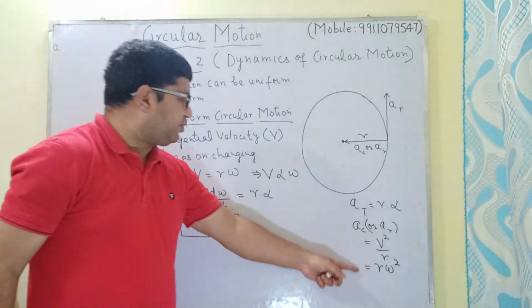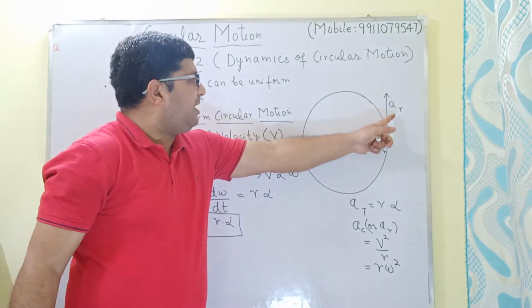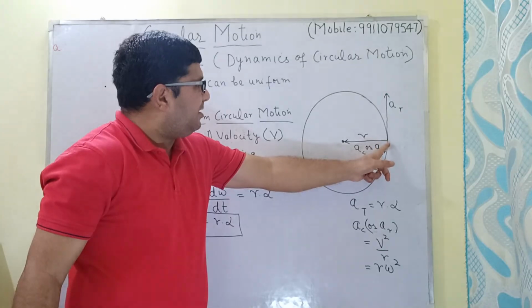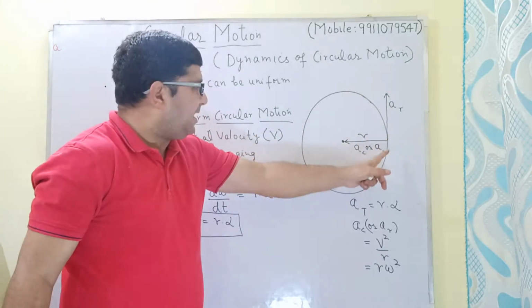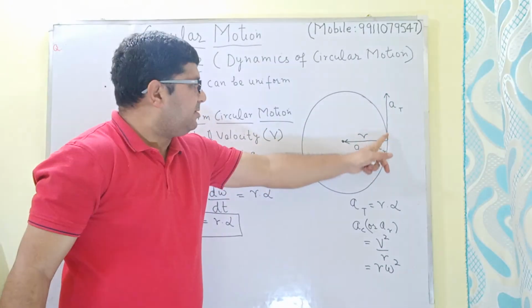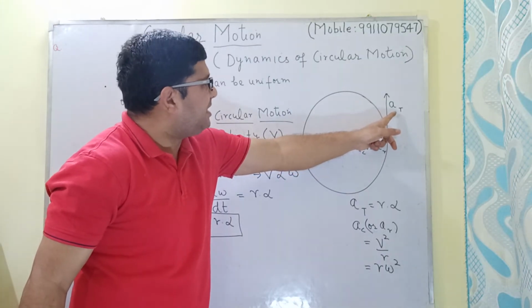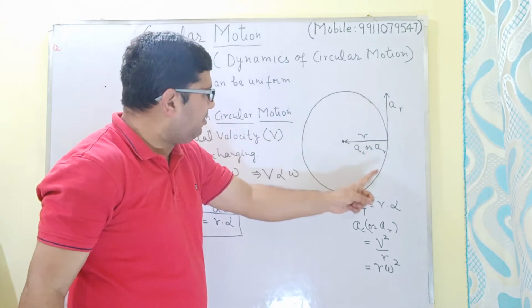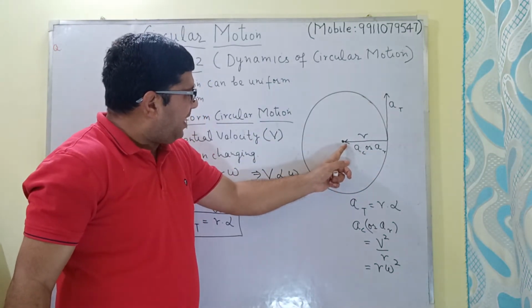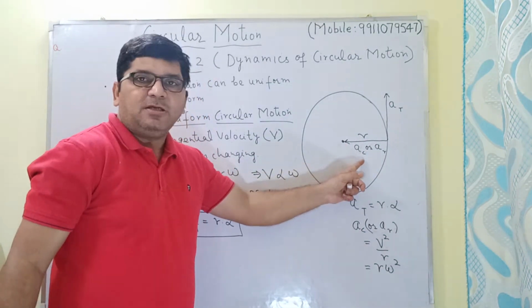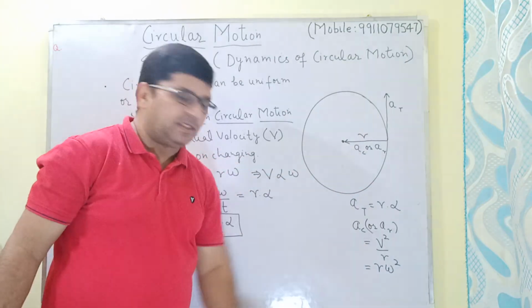This tangential acceleration is directed along the tangent at a particular point. I have already drawn the direction of the tangential acceleration as indicated by this arrow, and this arrow indicates the direction of the centripetal or radial acceleration.